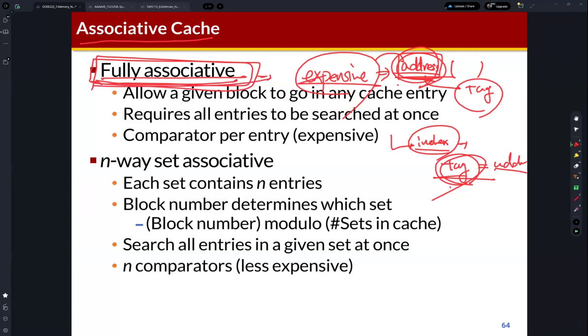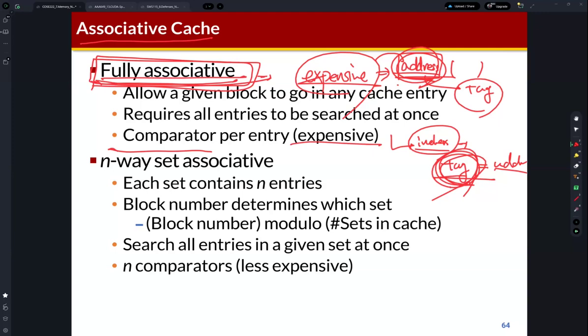How about the fully associative cache? We cannot figure out the target index of the cache, right? So we actually need to compare the tags in all the blocks. Do you understand? So we require a number of comparators equivalent to the number of blocks. So it's expensive.